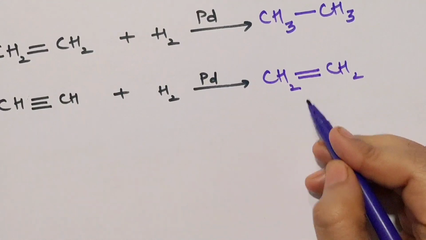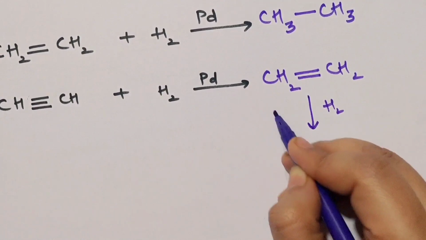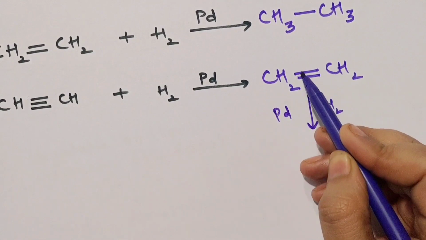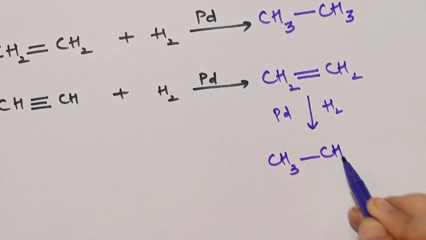But if you add another mole of hydrogen in presence of palladium, then this hydrogen gets added across the double bond at the expense of the double bond. So now you get ethane.